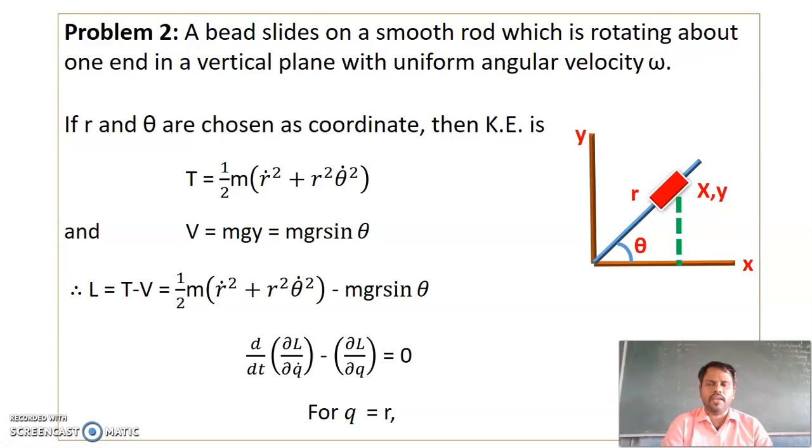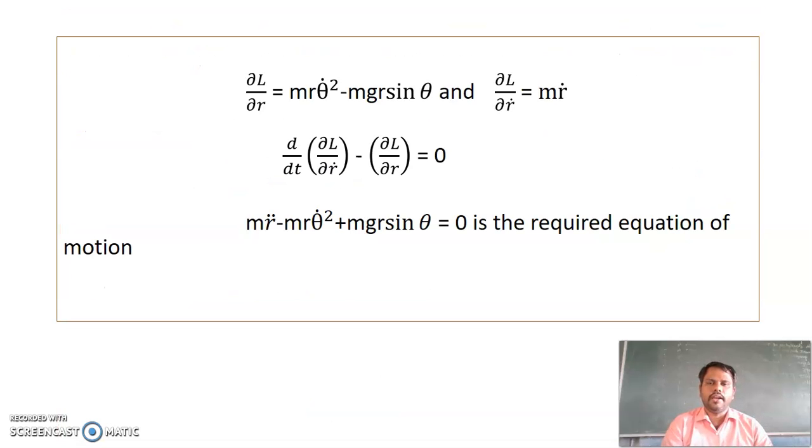Substituting for T and V in L is equal to T minus V, we obtain L is equal to half m times r dot square plus r square theta dot square, minus mgr sin theta. So considering q is equal to r as the generalized coordinate, the Lagrangian equation is d by dt of dou L by dou r dot minus dou L by dou r is equal to 0.